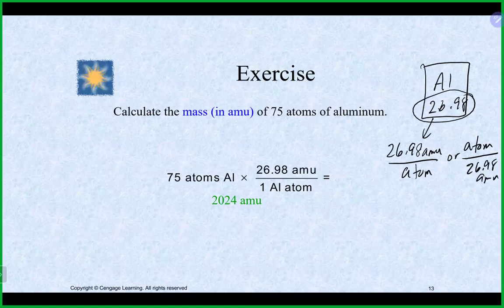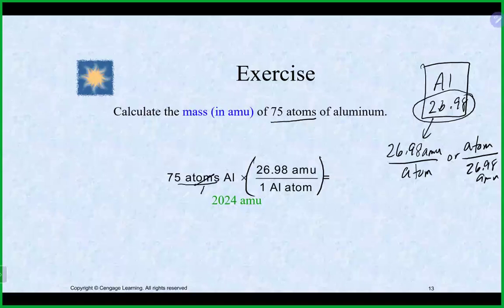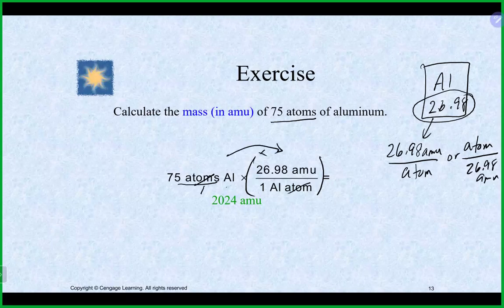So if we're looking for 75 atoms, what is the mass again? Using dimensional analysis, this is on top, so atoms will cancel. We're going to multiply here. Obviously, nothing much to divide by on the bottom. And that will get us 2024 in terms of the atomic mass of that many atoms. So again, that is a conversion factor you could use.